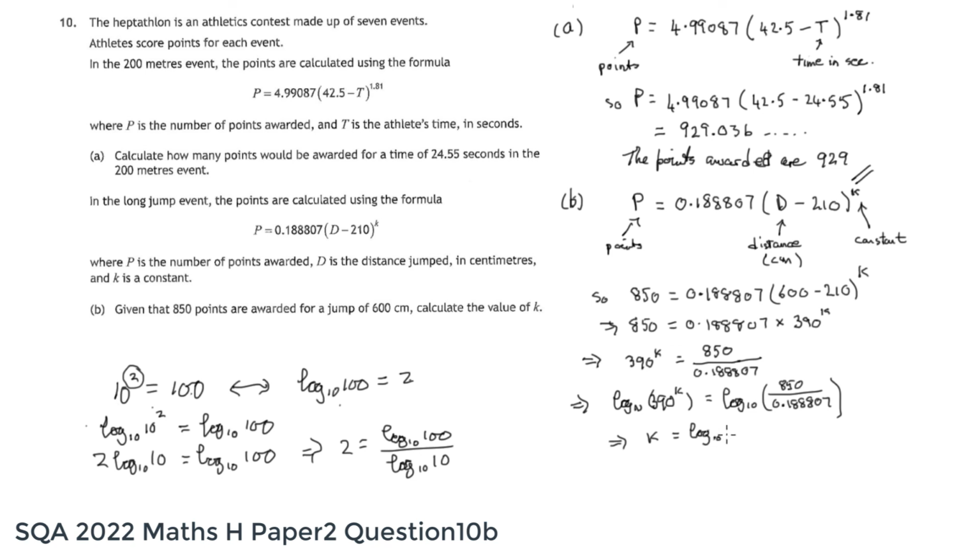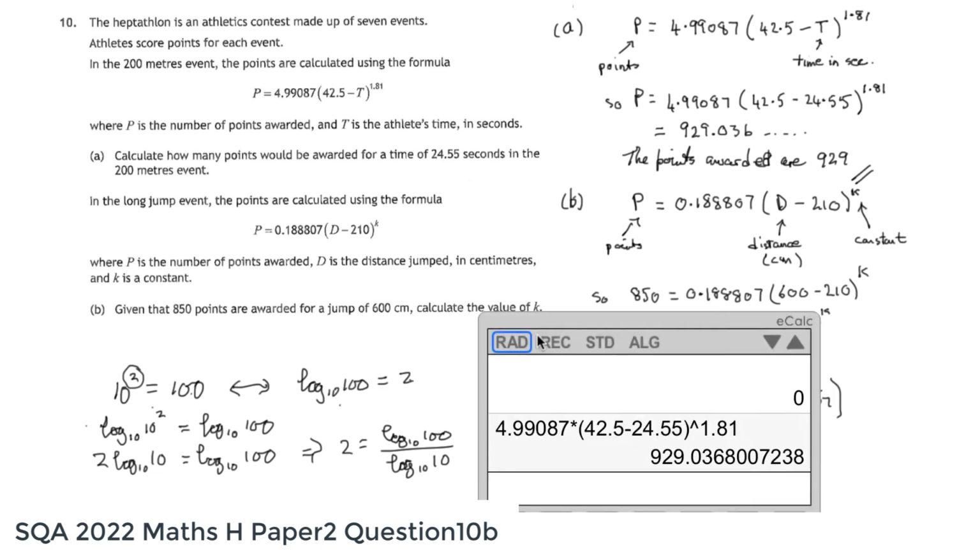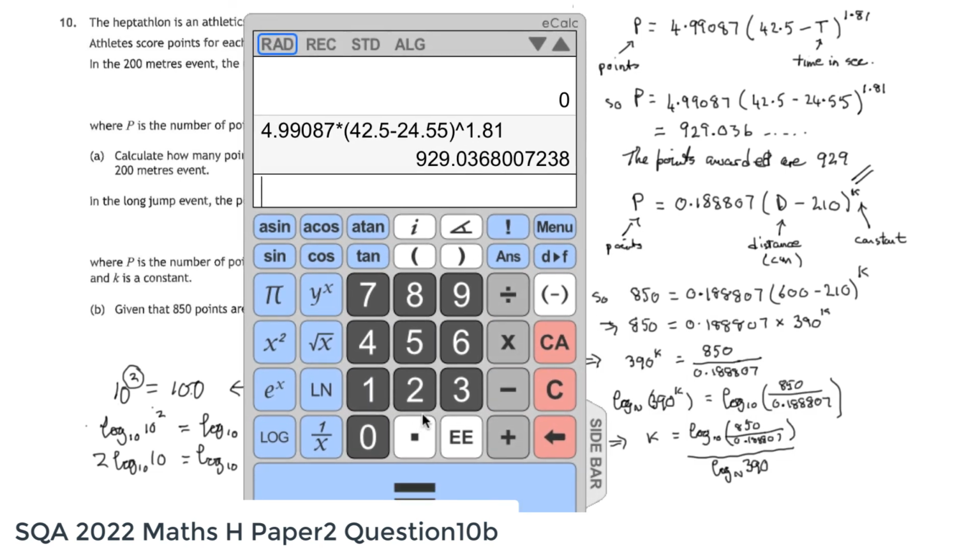So here I've got log to the base 10 of 850 over 0.188807, divided by log to the base 10 of 390. Now that's something I can do on the calculator. So let's do it.